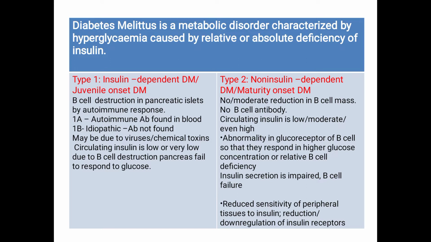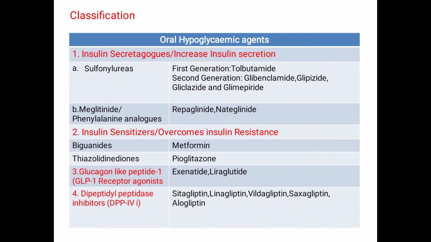You have to remember this is also called insulin resistance, where insulin is produced but the way the body responds is different. Either there is reduced sensitivity of the peripheral tissues to insulin, or there is an abnormality in the glucoreceptor of the beta cell, so they are not responding to the glucose concentration. So these are the two types of diabetes mellitus.